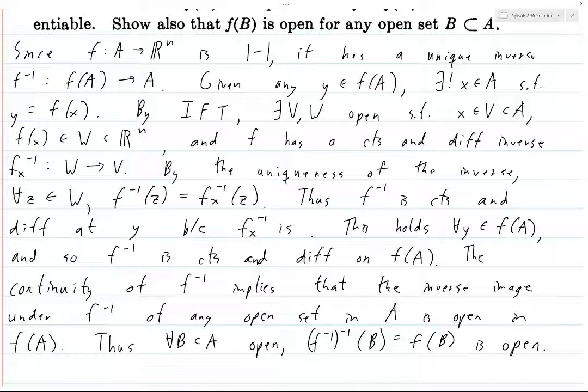So basically, we don't usually get results about what happens if you have a set in your domain and you want to consider the image of the set under a function. A lot of times you don't have information about that.